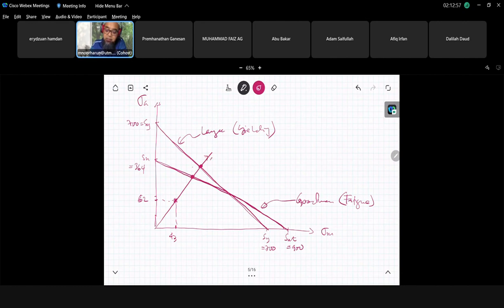If the point is here, fail due to Langes and Goodman. But if here, it will fail due to Goodman, fatigue, but still safe for Langes. So this is the point. This is sigma mean value. This is sigma A value.